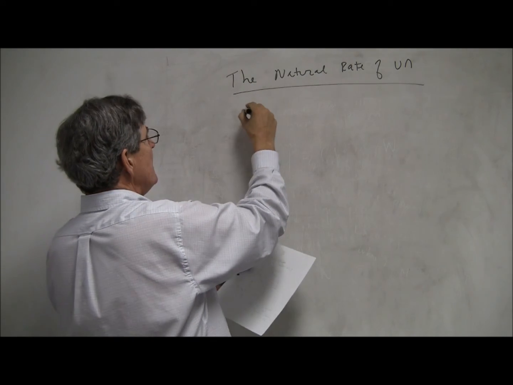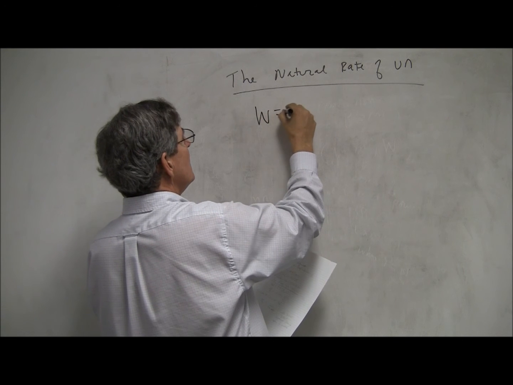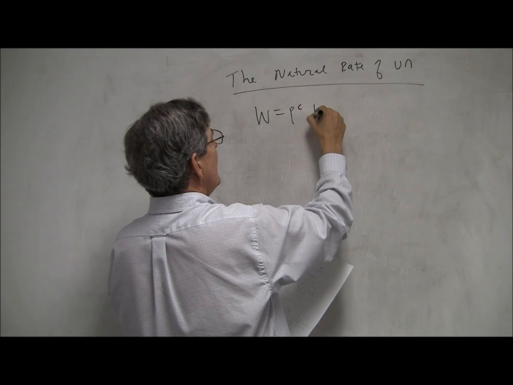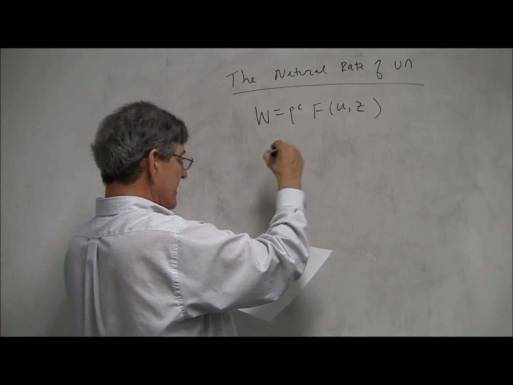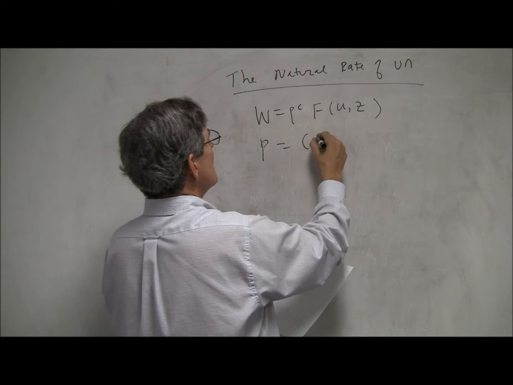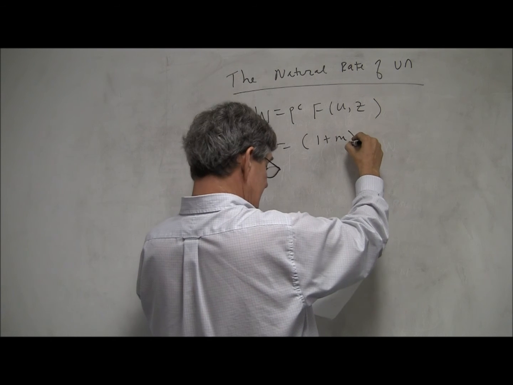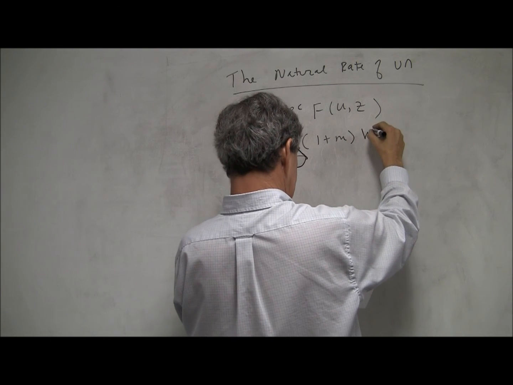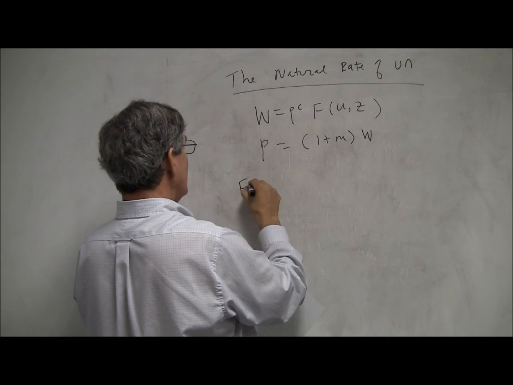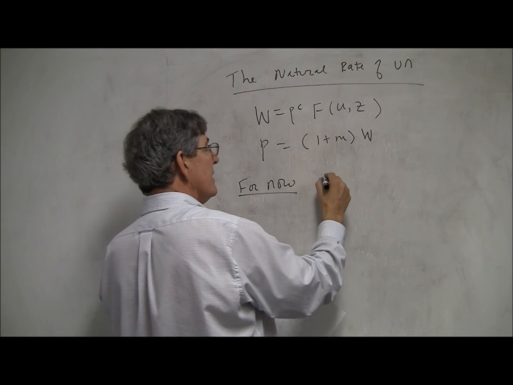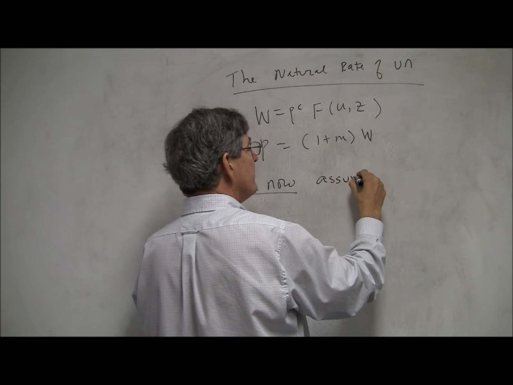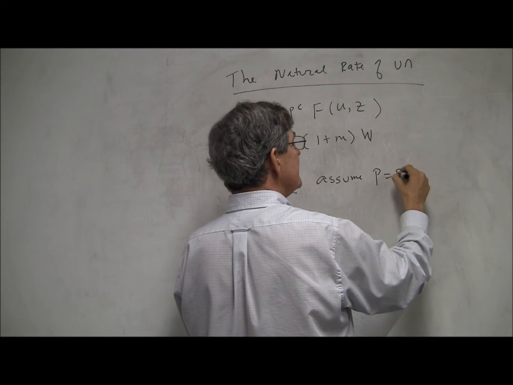So we have one equation that says W equals P^e F of U and Z, and another that says price equals 1 plus M times W. For now, we'll relax this later, assume that the price equals the expected price.